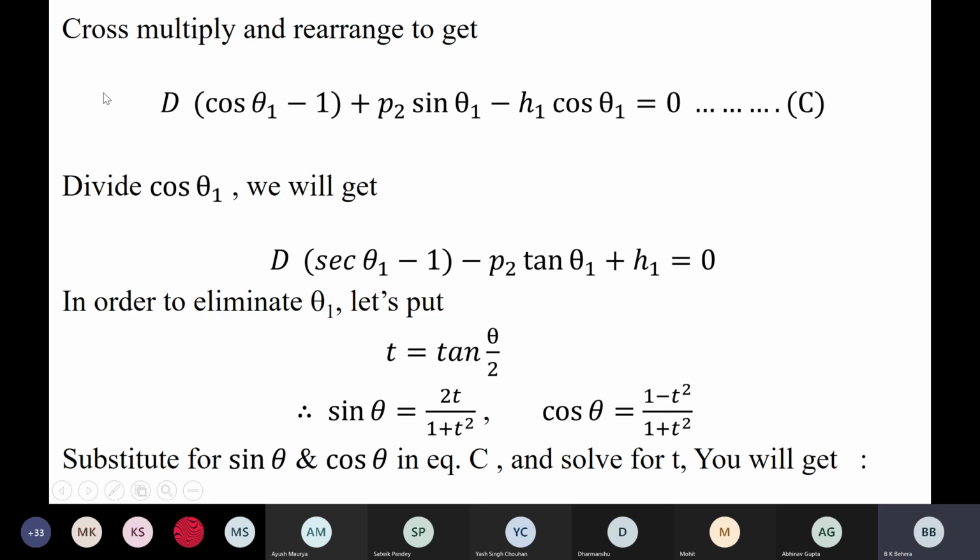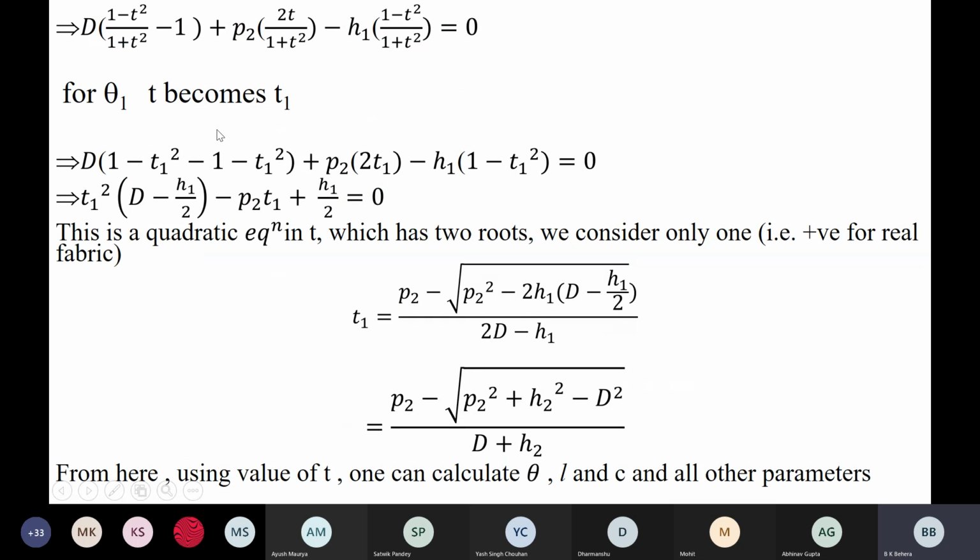So to eliminate theta, if you use this trigonometric process, you can find out the value of t from this equation, because this equation becomes a quadratic equation in t, which has two roots, t1 and t2.